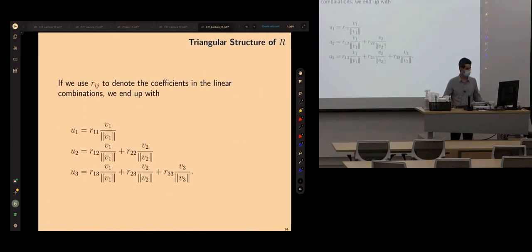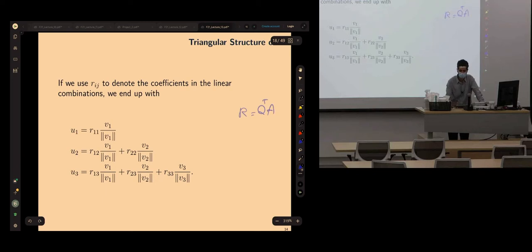Let's see if we can get R just out of the Gram-Schmidt process, just like we got Q. Instead of computing R as Q transpose A, it is nice if we just have it by the end of the algorithm. We don't have to do extra matrix multiplication. Besides, we can see the structure explicitly.